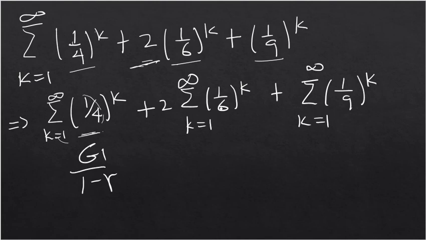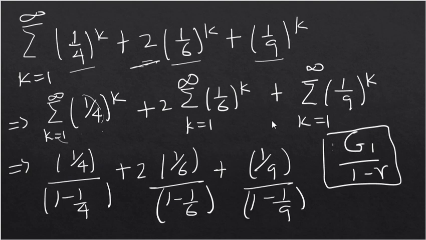Here, G1 and R are 1 over 6. In the last one, G1 and R are 1 over 9. Since they are infinite series, because we are asked for the sum to infinity, with k starting from 1 until infinity, we can apply the infinite series formula, G1 over 1 minus R.